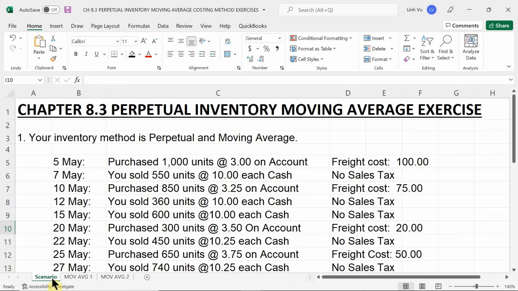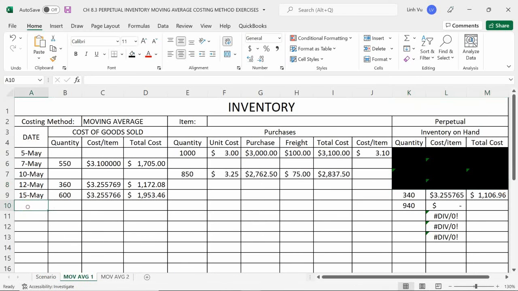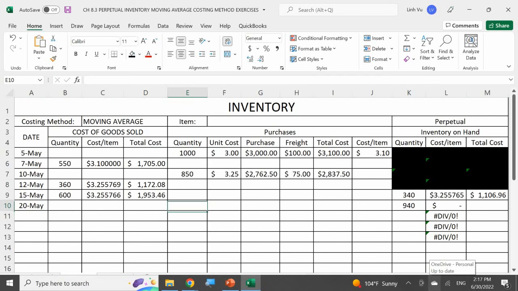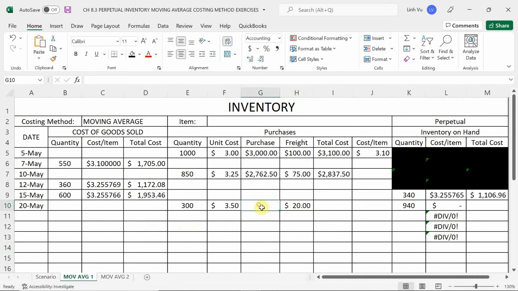So what happened next was on May 20th, we end up purchasing 300 units at $3.50 with a freight of 20. Okay, so 300 at 350 with a freight of 20. So in this case, purchase price $1,050.